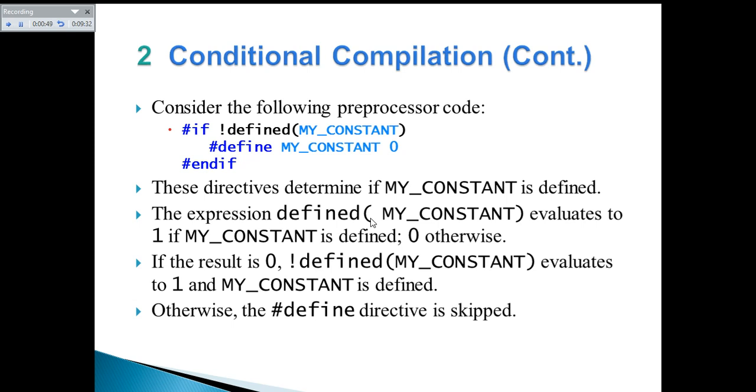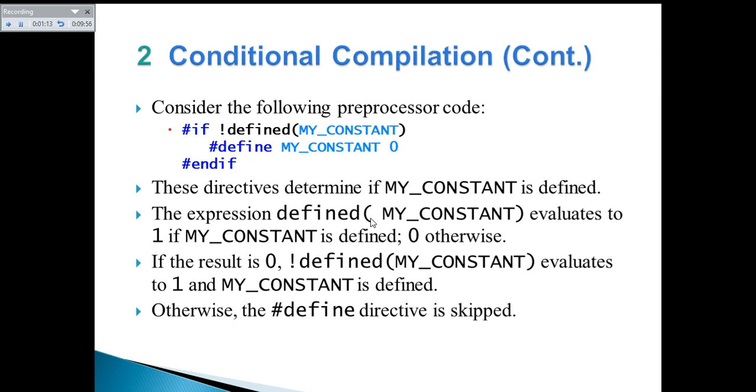This directive determines if MY_CONSTANT is defined. The expression defined(MY_CONSTANT) evaluates to 1 if MY_CONSTANT is defined, otherwise 0. If the result is 0, then !defined(MY_CONSTANT) evaluates to 1 and MY_CONSTANT is defined.